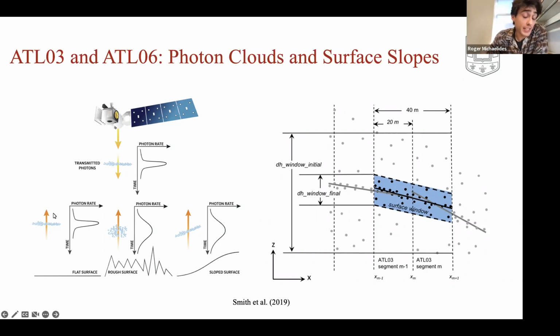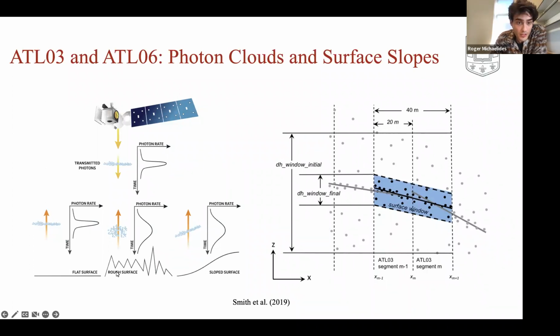And what it does is it can count out and generate a 3-dimensional distribution, so to speak, of where those photons occur. And so if you imagine sending out transmitted photons more or less in a beam like this, depending on the surface they interact with, you're going to get different responses. So if you interact with a flat surface, you would expect all the photons to bounce back in more or less the same orientation that they were transmitted.